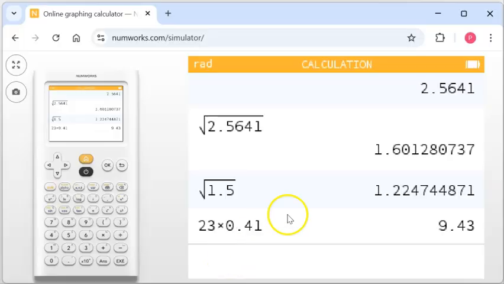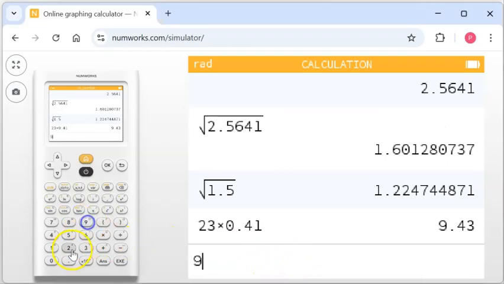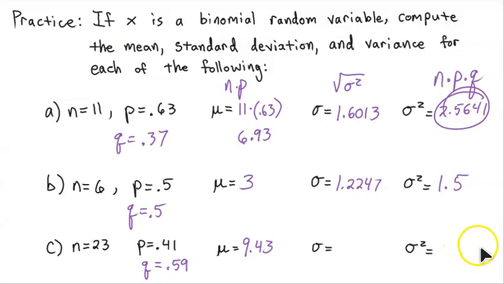But since this is not a rounded number, this is the full number, 9.43, we can use that number and multiply it by 0.59. So 9.43 times 0.59, and that gives us 5.5637.